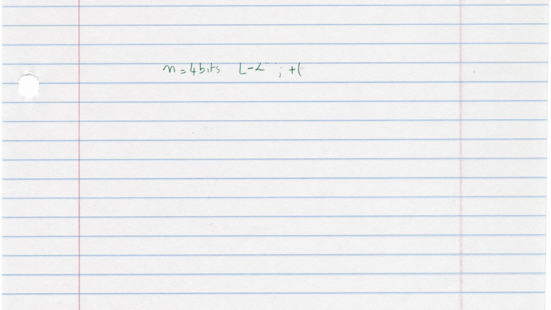So let's take an example with 4 bits. We can code numbers from minus 2 to the power of 3 to 2 to the power of 3 minus 1. So that's minus 8 to plus 7. You see we have one more value we can encode here. So now we want to encode minus 3. We know it's negative, so it's 2 to the power of 4 minus the absolute value of minus 3.